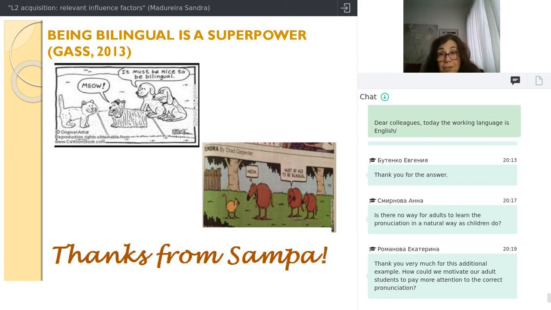And also with children. I have another student whose work I think is very original, because she works in a bilingual school here in Brazil, and she teaches 3-year-old children. These 3-year-old children are Brazilians, and the majority of their parents do not speak English.